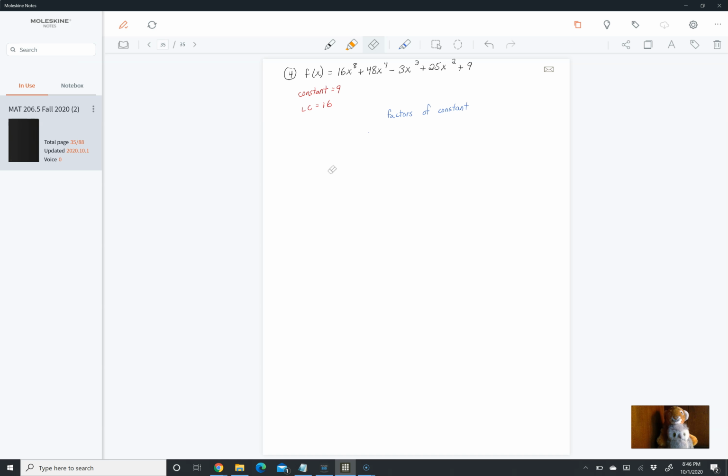The factors of 9 are 1, 3, and 9. Then we have the factors of the leading coefficient on this side. The factors of 16: we have 1, 2, 4, 8, and 16.